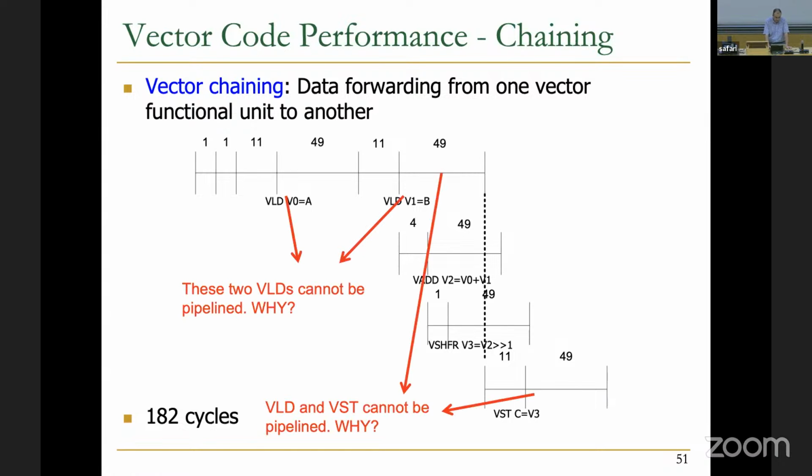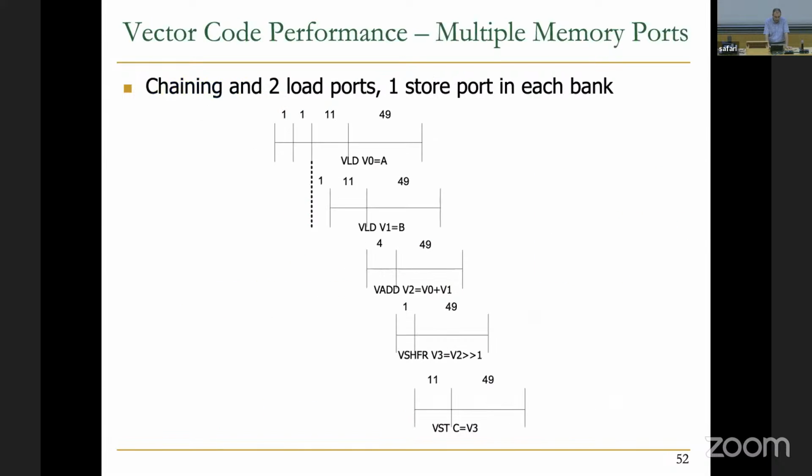I already mentioned that. If you imagine that we have 2 load ports and also 1 store port in each bank, so we have a nice luxury here, then you can have this timeline, where you can issue these loads together in a pipeline.